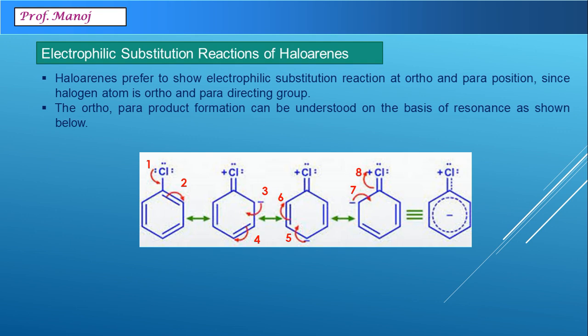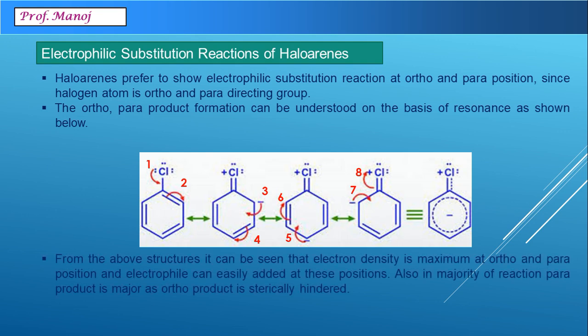Overall, you can see that the negative charge is spread over the second, third, fourth, fifth and sixth carbon atoms, while positive charge is located on the chlorine atom. You can also see that chlorine is acquiring a double bond everywhere. That is why the bond becomes so strong that replacement becomes very difficult.